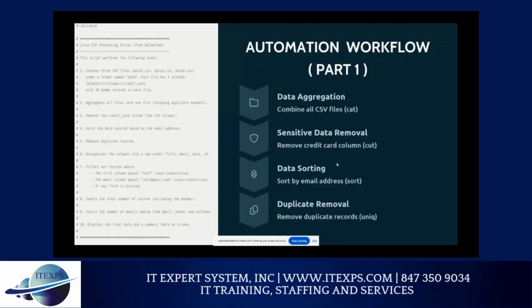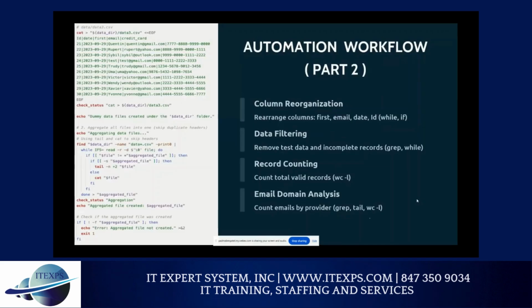We also have the sensitive data removal, so we protect customer information in our process. We also did some sorting to sort our data, so it is easy to read if someone looks into the file. Also, we removed the duplicates from our raw data.